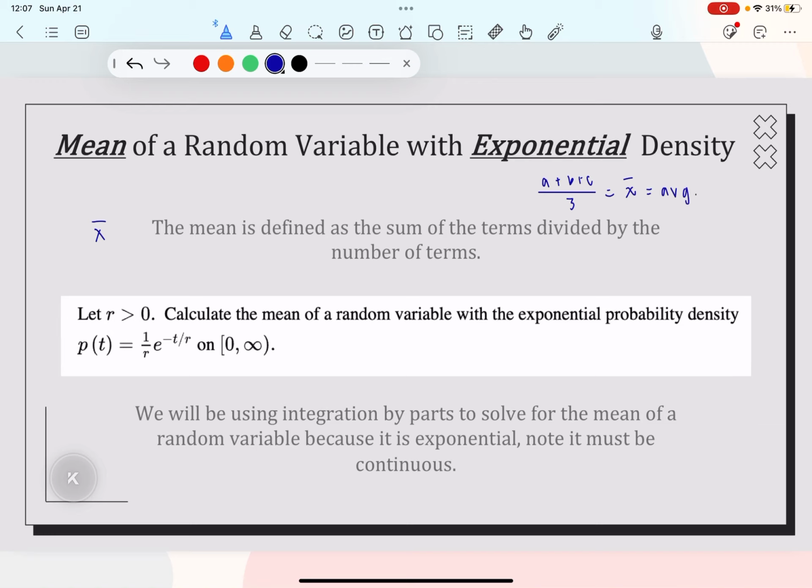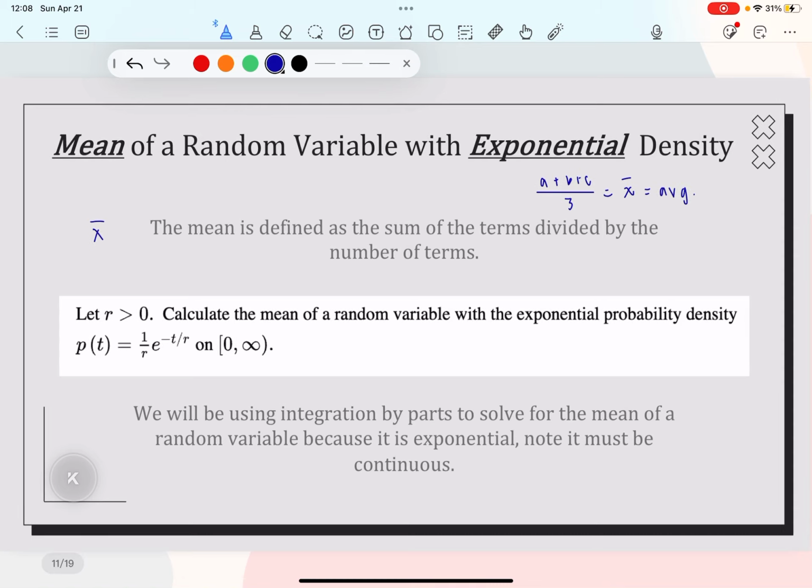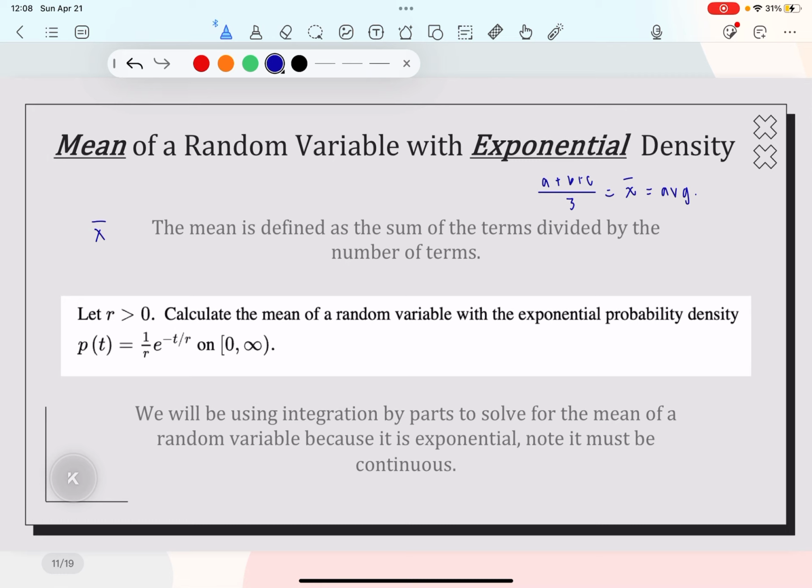So for this example, we're just going to take a look at it and then see what we can find out based on the information given. So we're going to let r be greater than 0, calculate the mean of the random variable with the exponential probability density of p of t equals 1 over r e to the negative t over r on the 0 to infinity bound.